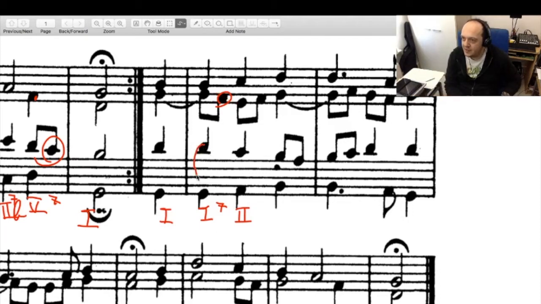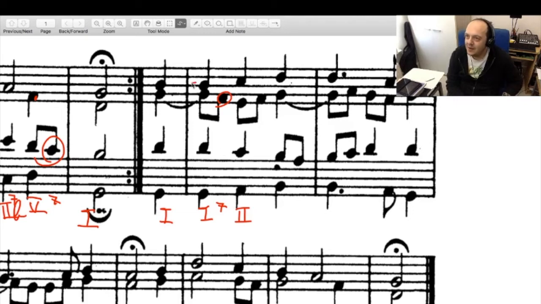So this is the fifth, and its parallel has been avoided by contrary motion. And this is the octave, and its parallel has been avoided by contrary motion. That's how a double bullet has been dodged.